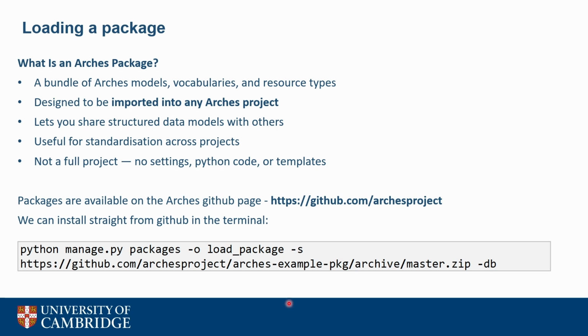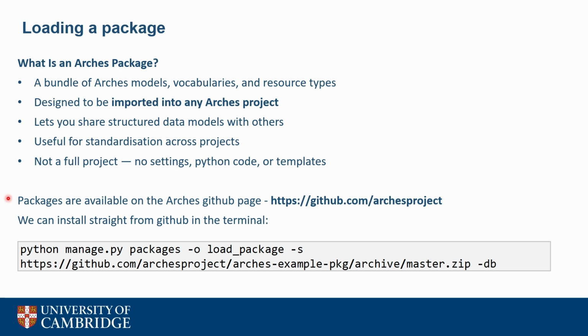So this is the GitHub page here, and we downloaded the example package. To save us from having to design and create the entire structured data model, we'll load this example Arches package into our Arches project.